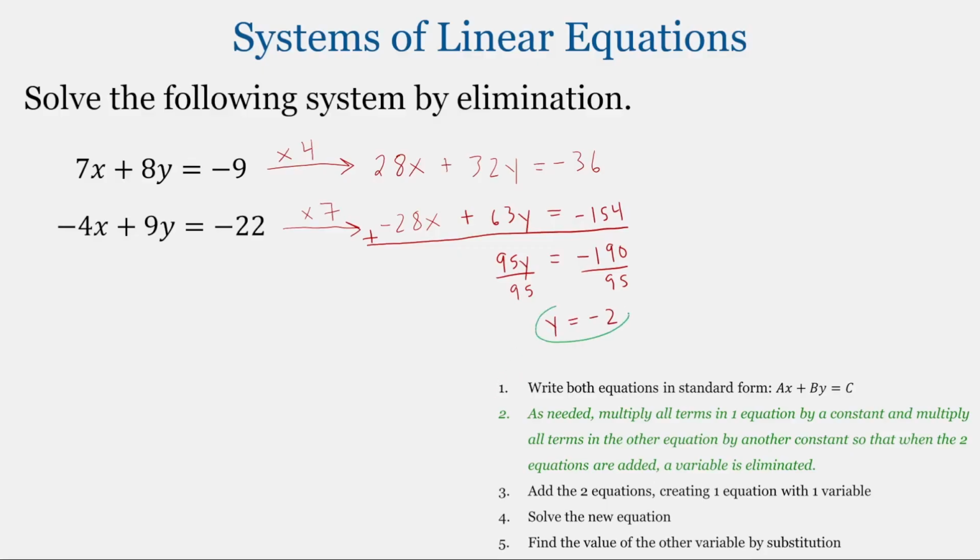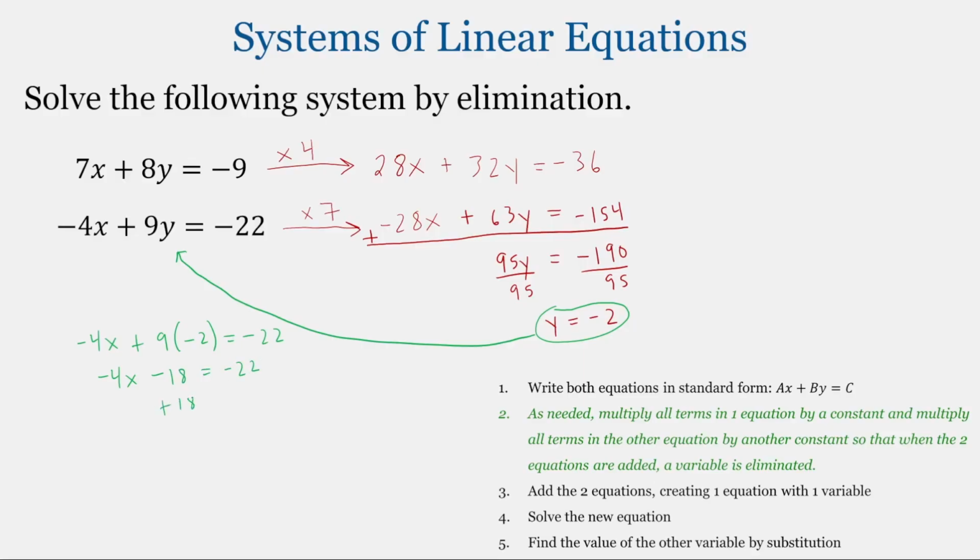Again, we're going to plug this value back into either of these two equations. I'll pick the second one this time, but again, you can pick either of these equations. So we have negative 4x plus 9 times negative 2 equal to negative 22. So negative 4x minus 18 is equal to negative 22.